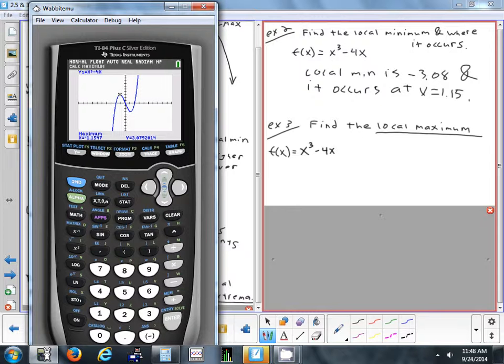So there's some symmetry to this graph. A little bit. Well, max is 3.08. If they asked me where it occurred, I'd say it occurs when x is negative 1.15. They didn't ask that, though.